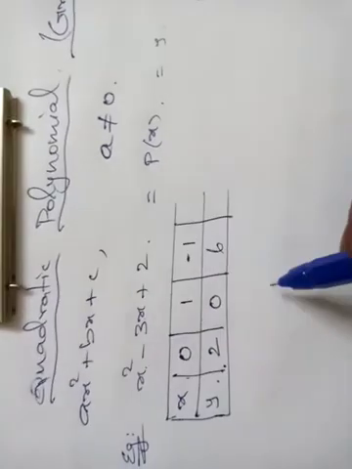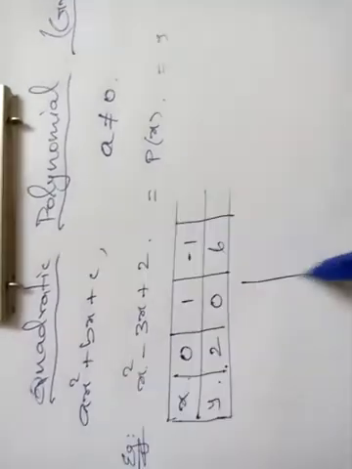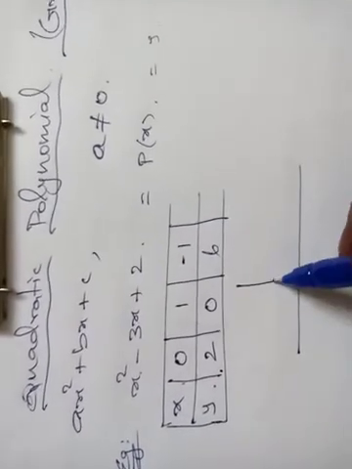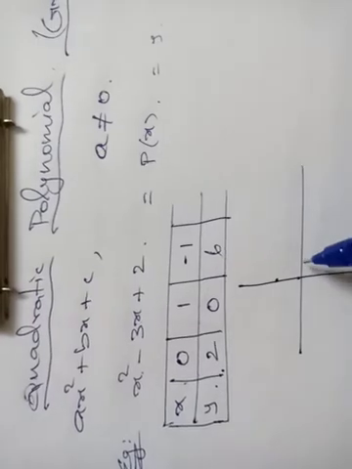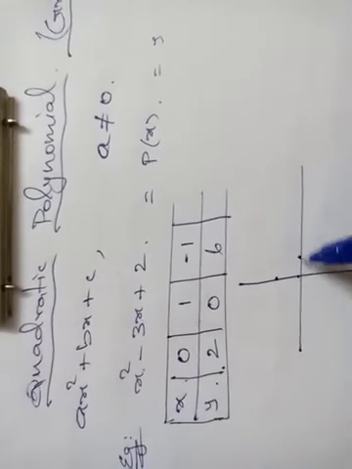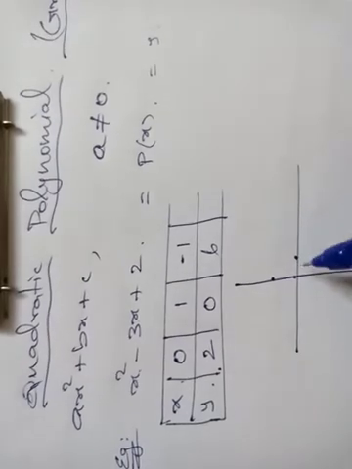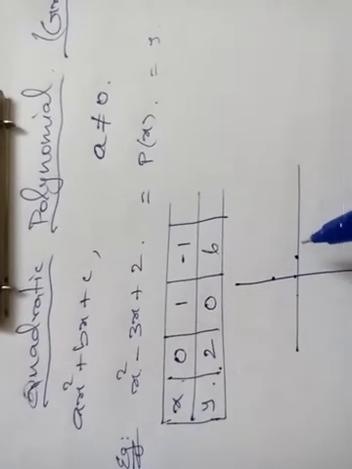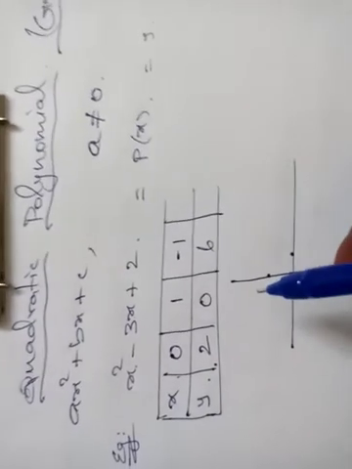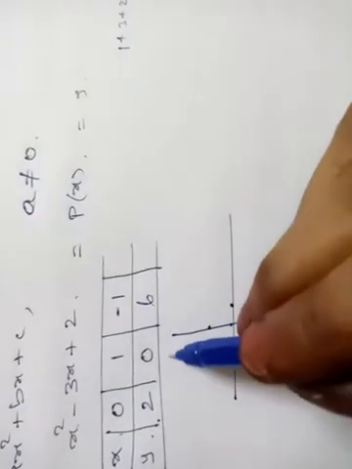After that plot all of this in the graph. So we will get like this: 0, 2 means here, 1, 0 is here, x value 1, y value 0, then minus 1, 6 will come here.